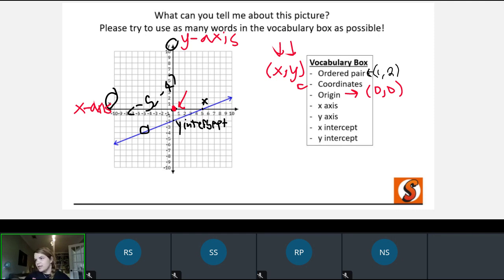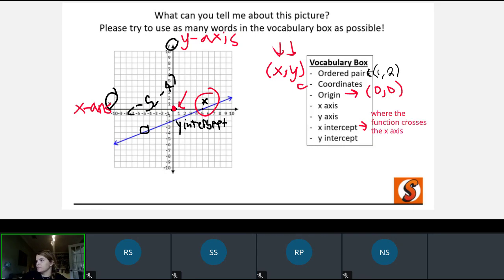And then lastly, we have the x-intercept. So the x-intercept is where our graph, this blue line, is considered the graph of our function. It's where that function crosses the x-axis. So I'm going to write that out for you. X-intercept is where the function crosses the x-axis. And let me make that a little bit bigger so you can actually read it.